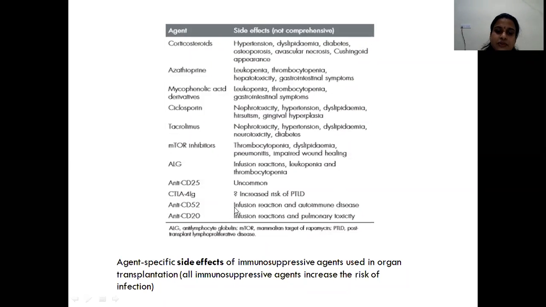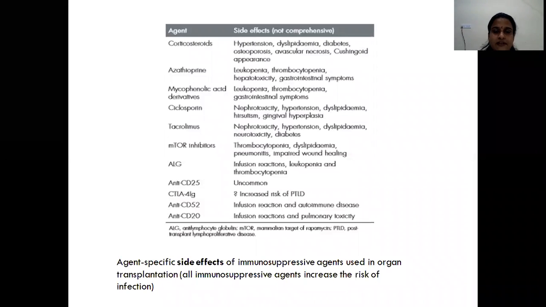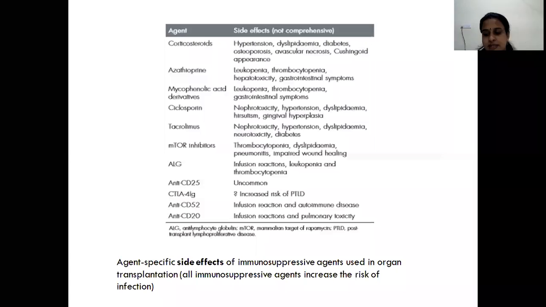Immune reactions, infusion reactions, and autoimmune diseases will be common with the antibody therapies, that is, monoclonal antibody therapies. So this is just a gist of the most potent side effects of each immunosuppressive agent.